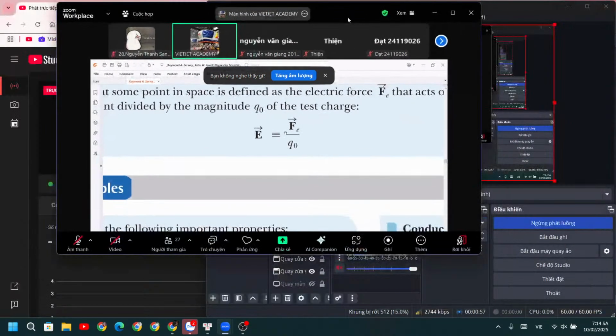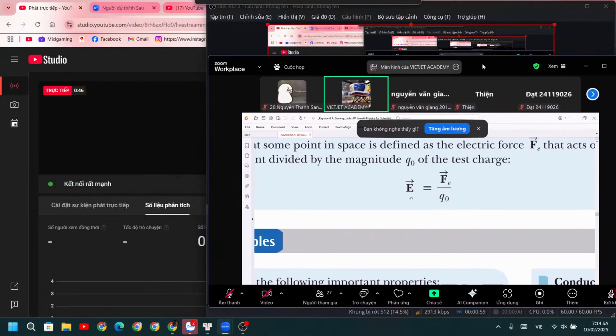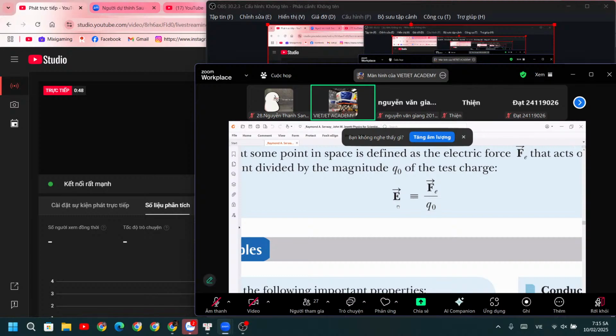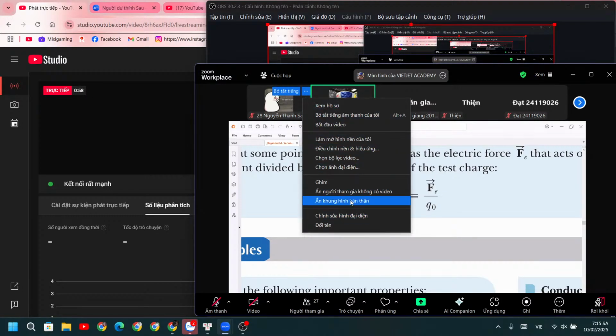In general, the electric field E can be created by many charges or a charged object.